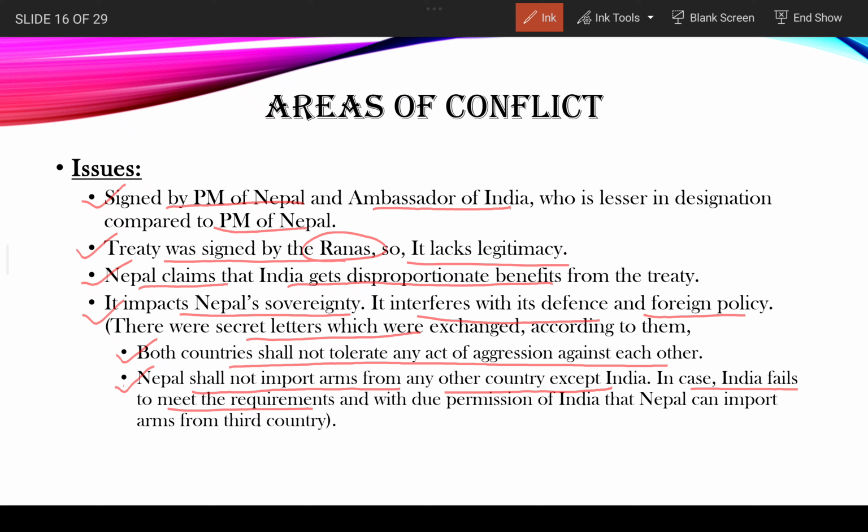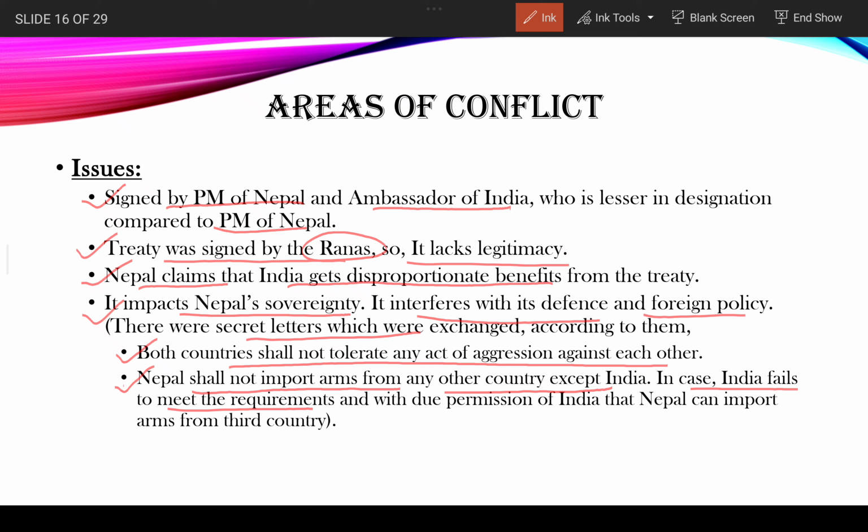Second, provisions of the secret letters have already been violated. It was written that Nepal will not get any kind of arms and ammunition from any third country, but Nepal has already violated it. It has already purchased arms and ammunition from China in the past.